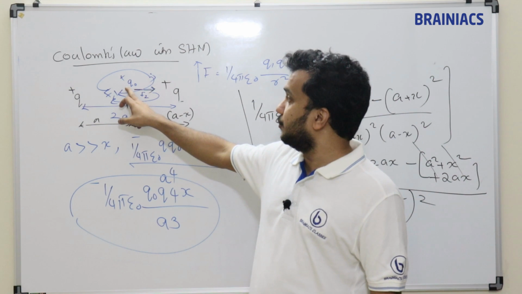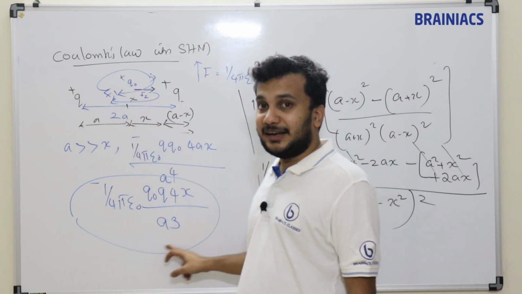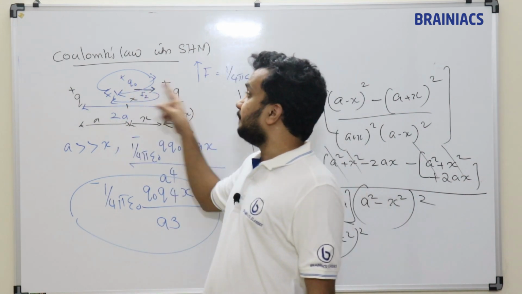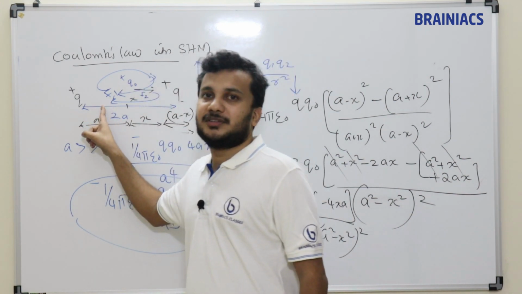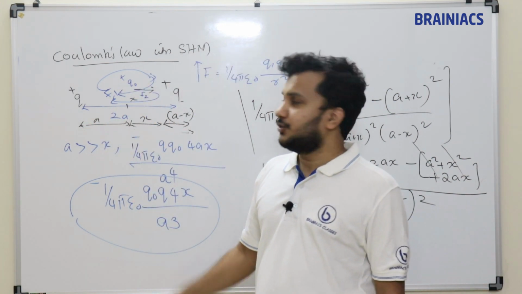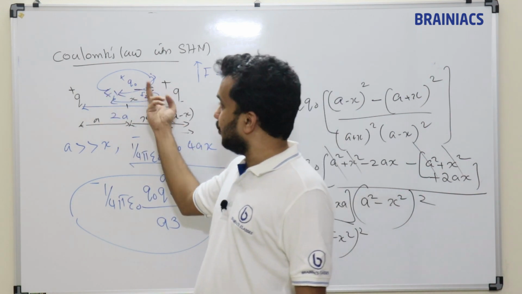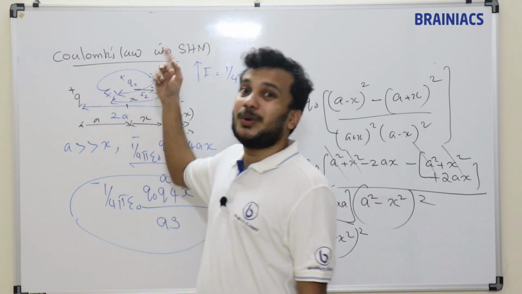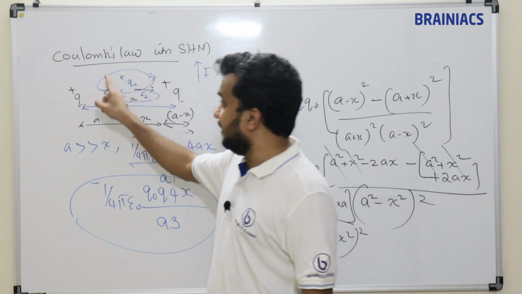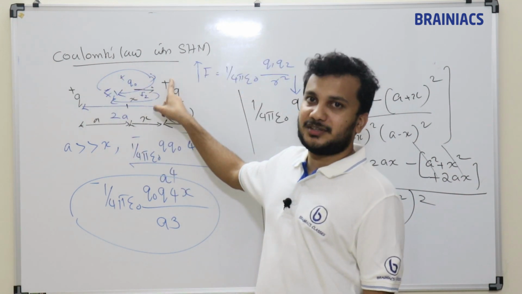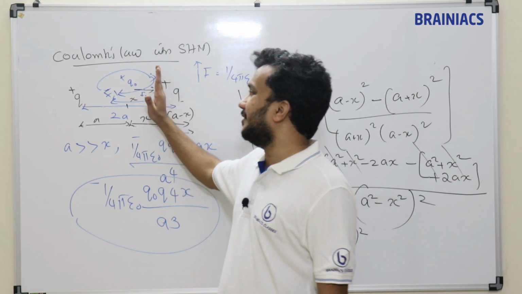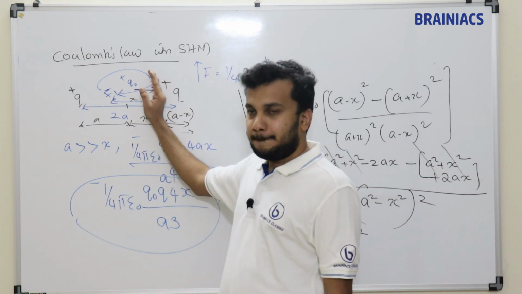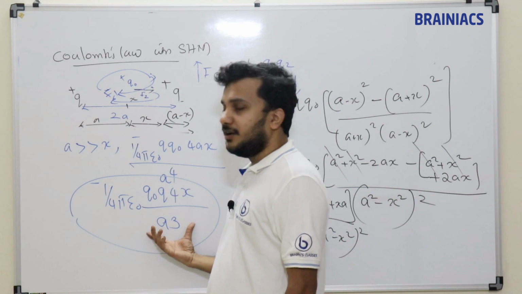The total force on the moving charge is negative, which means when it comes to x distance towards the right, it will move towards the left immediately. If you apply the same case towards the left side, you will get positive, which means from here it should move towards the left. We assumed it moved x meter towards the right, and based on that we got the final force equation.